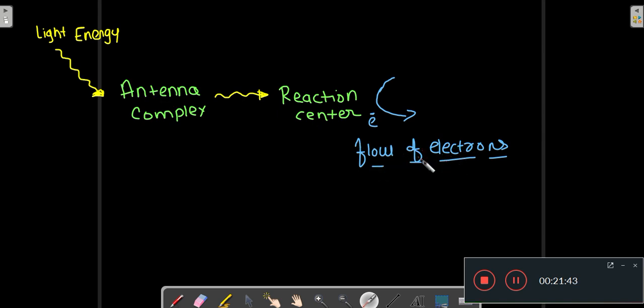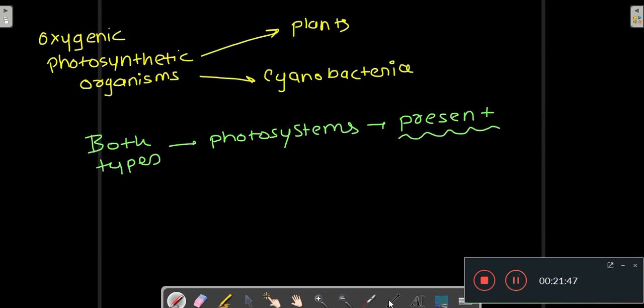Now in oxygenic photosynthetic organisms, that is plants and cyanobacteria, both types of photosystems are present, the one which is driven by longer wavelength and the one driven by shorter wavelength.